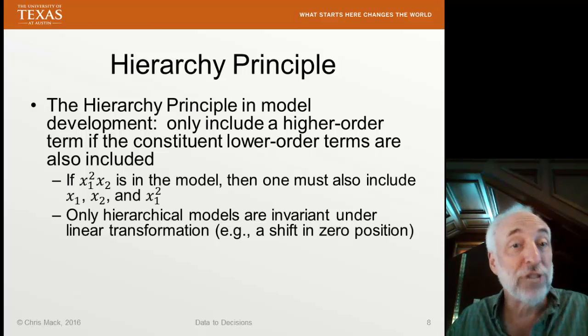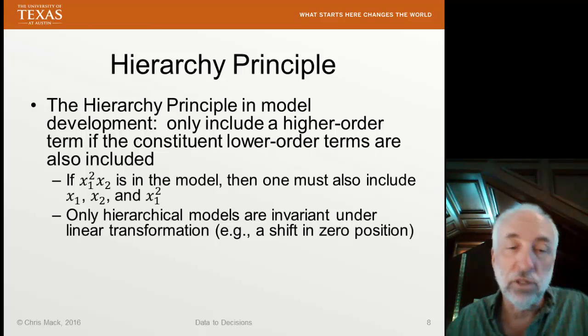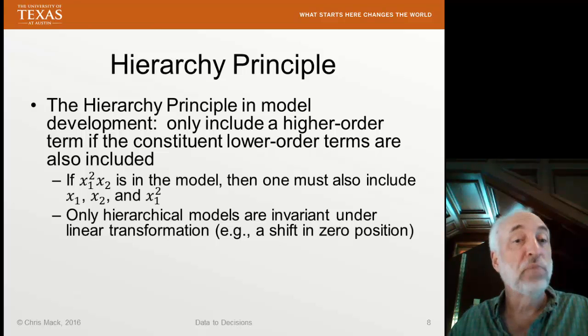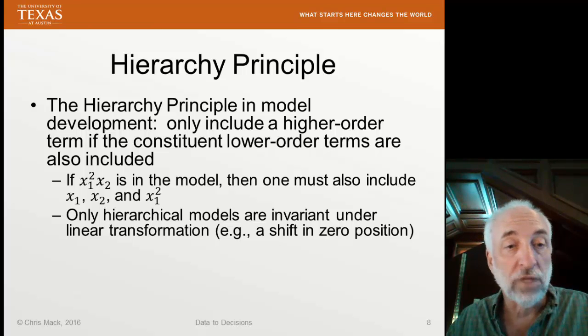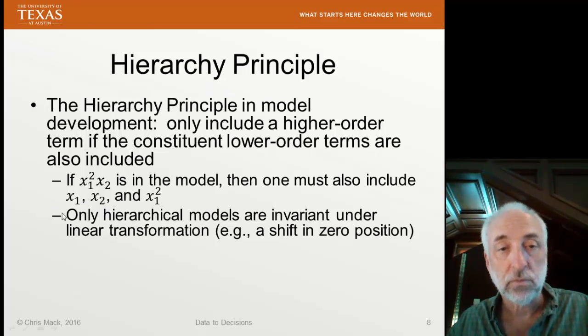Other than that, the model works just as well. It has the same relative standard errors and same prediction capabilities, etc. But that's only going to be true if models include all of the lower order terms.